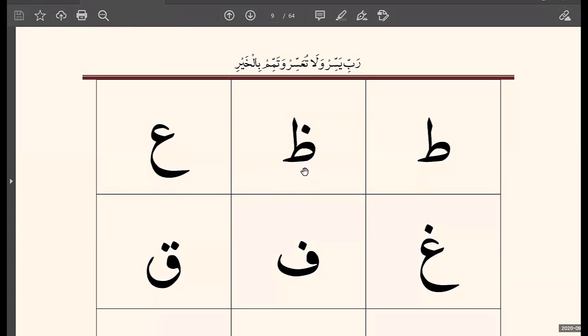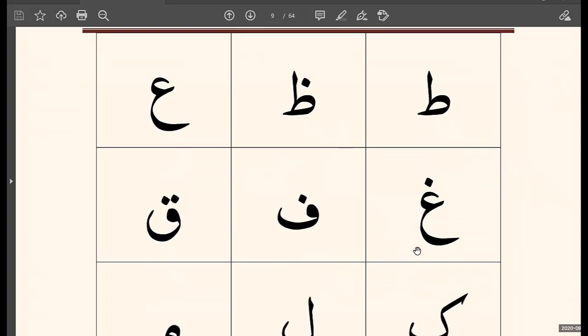And the Za. Yes, the top of your tongue inclining upward towards the ceiling of the mouth, and there should be a little gap between the ceiling of your mouth inside and the top of the tongue. Ain. Ein. And this one ghain. Yes, and this one fa. Fa.